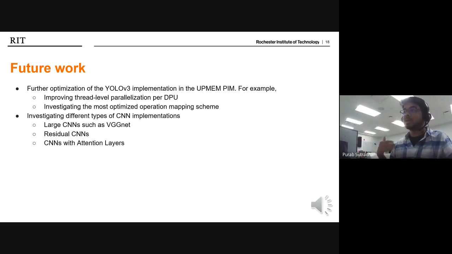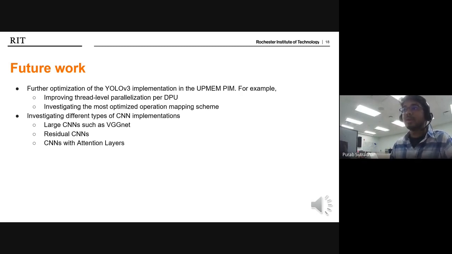There's room for improvement in that department. Also, we'd like to explore new mapping schemes. For example, we use rectangular segmentation. Maybe there's some other way to further improve the parallel performance that we'd like to explore.